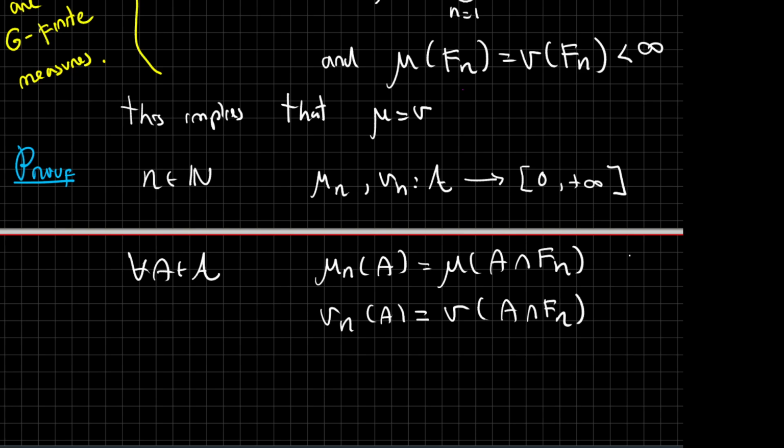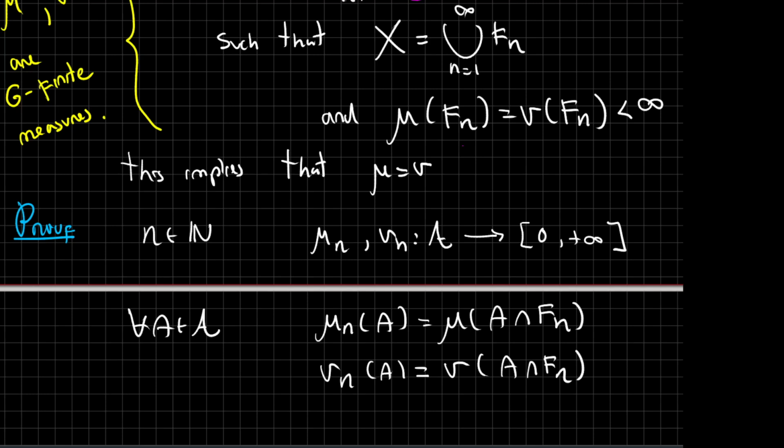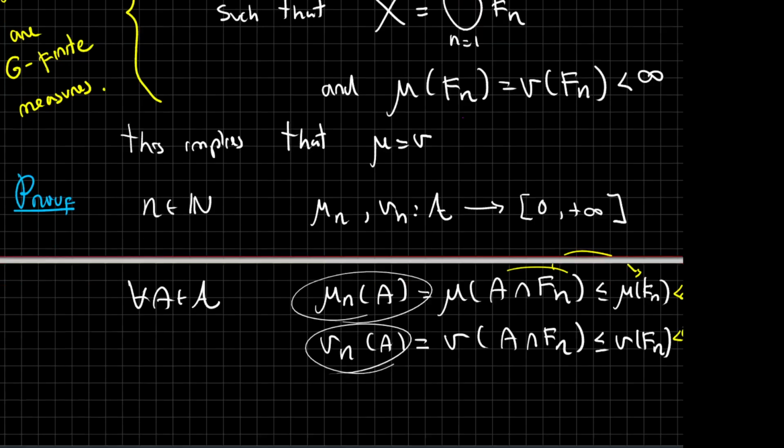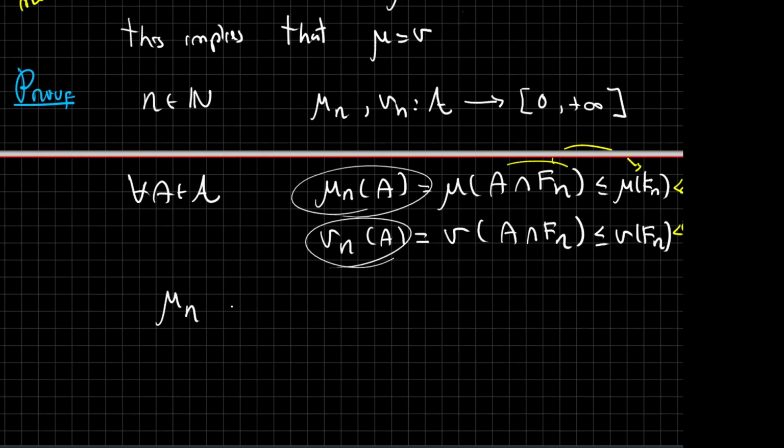So since f_n is an element of the given family, this is less or equal than the measure of f_n, and this is also less or equal than the measure of f_n, because this thing is a subset of the other, and this is finite because of this. Then this means that this value is also finite, this value here is finite, and also this. So that means that these two functions are finite on the whole sigma algebra.